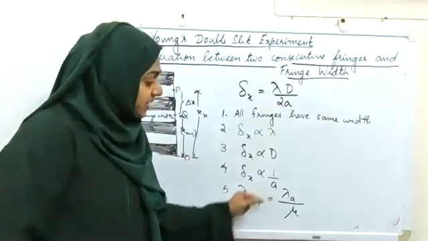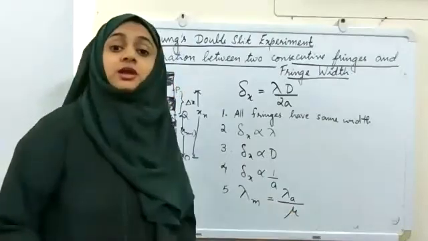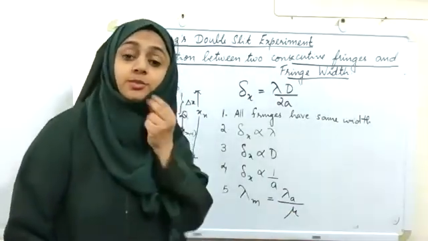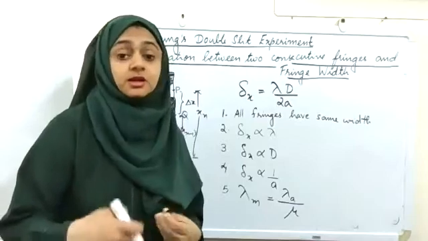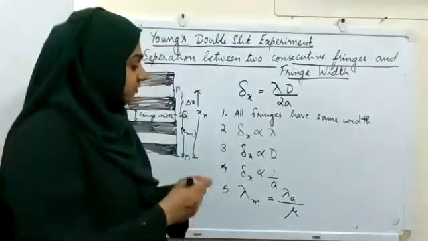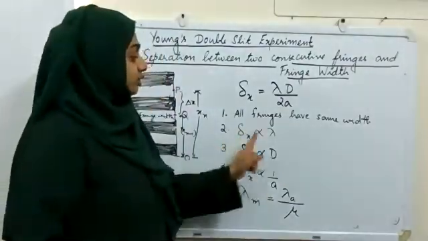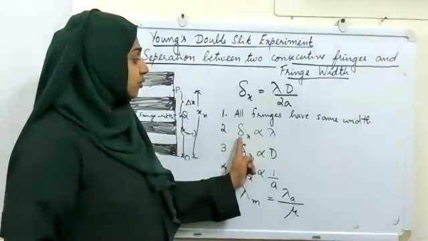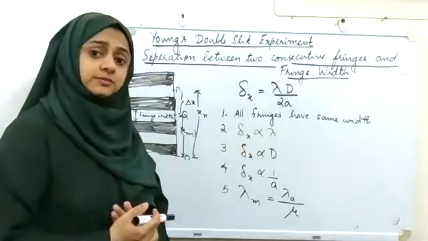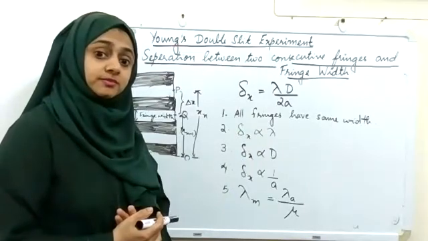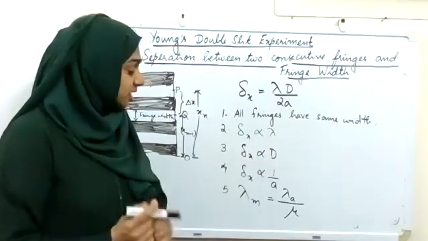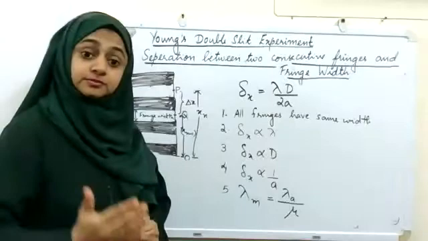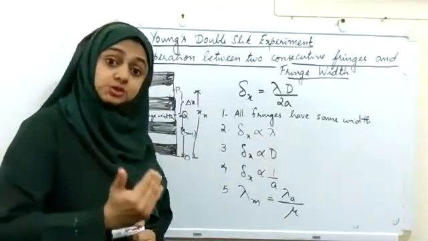So the wavelength decreases when it enters another medium, or if the experiment is conducted in another medium, the wavelength is lesser. So when the wavelength is lesser, what happens to the fringe width? It is also less.